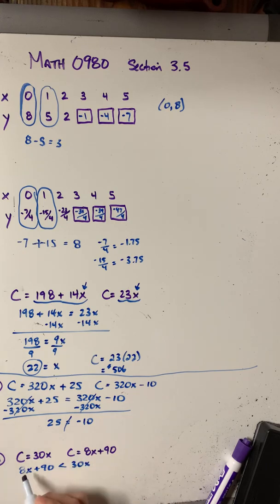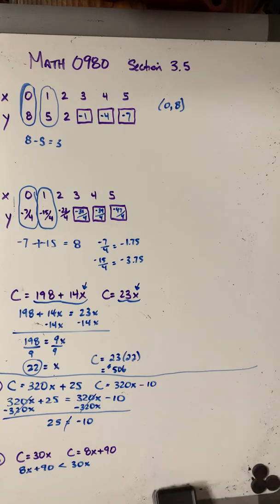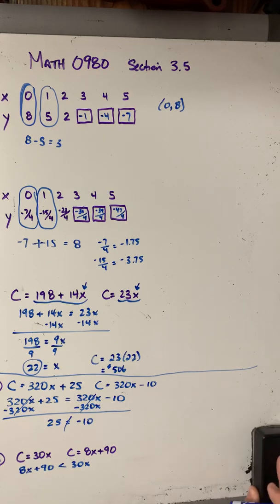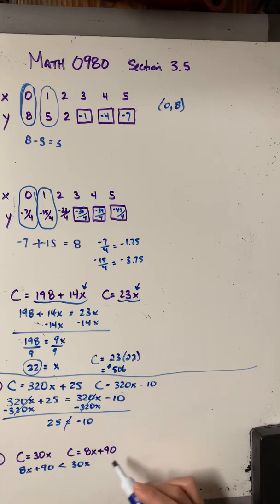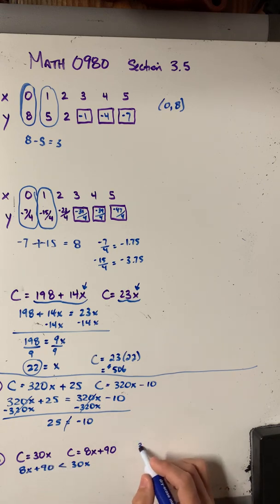You can solve this just like you would an equation. So you could subtract your 8X and then divide by that answer, and you should get your answer. Or you can do a guess and check, which in some ways I think helps develop the concept of what's going on and get your brain really thinking about the question. So in other words, you think to yourself, all right, if I only rent the car for 1 day, then 30 times 1 is going to be $30.